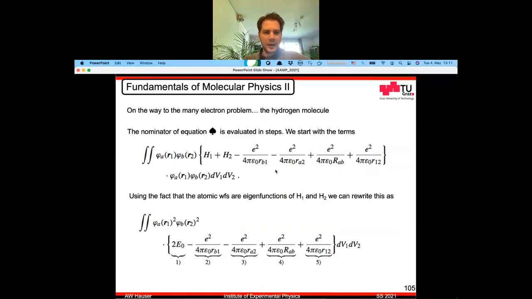And now we get to the numerator of this equation when calculating the expectation value of the Hamiltonian, where we had our Hamiltonian sandwiched from the left and from the right with our antisymmetrized product of the two atomic orbitals.